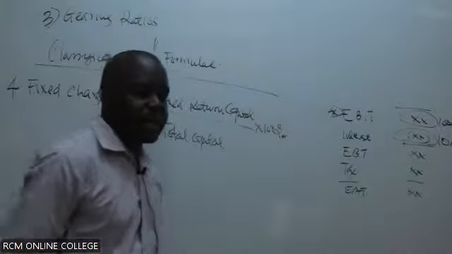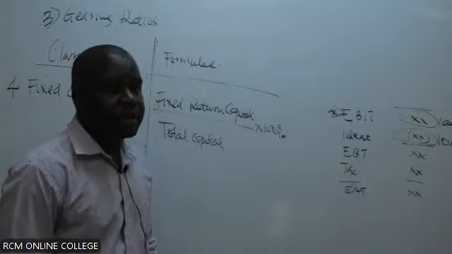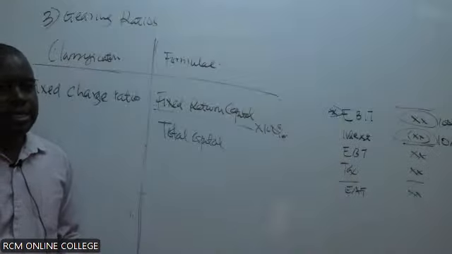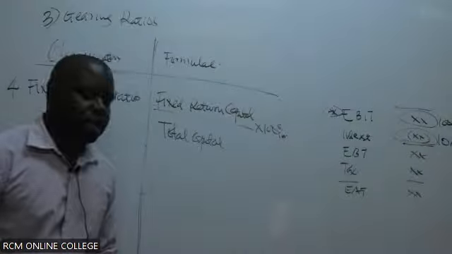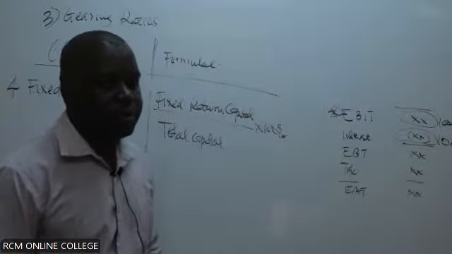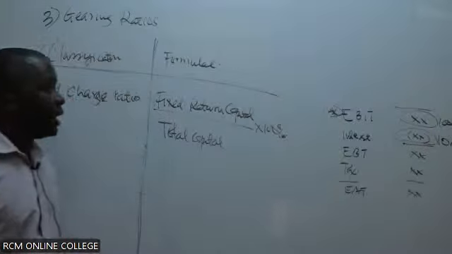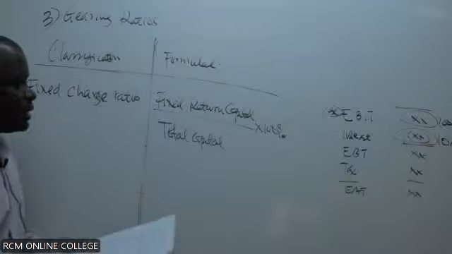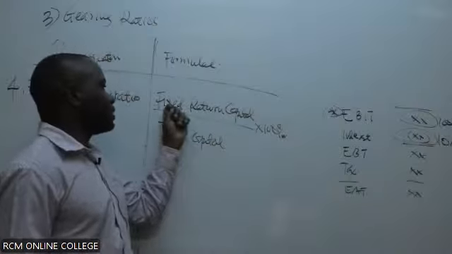When you talk about fixed return capital, it is that capital you've raised that has a fixed return. For example, preference share capital can have a fixed return, whereby the dividends that will be paid on this kind of capital will be very fixed.